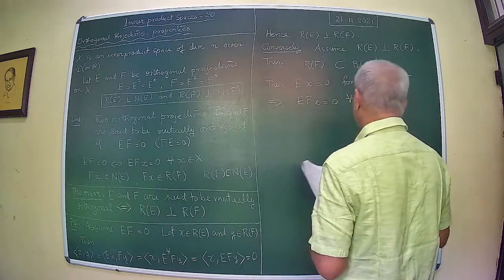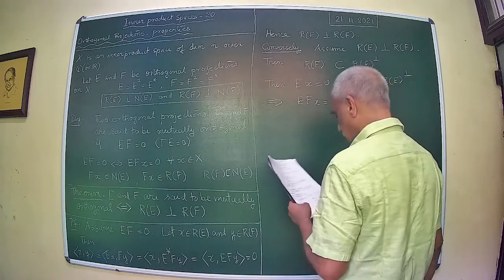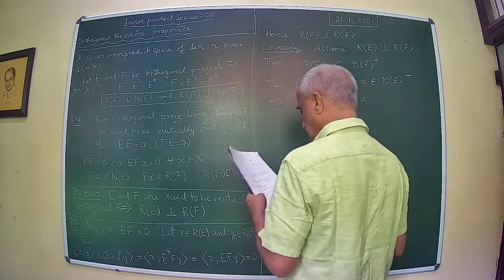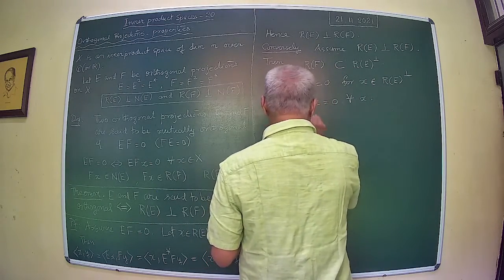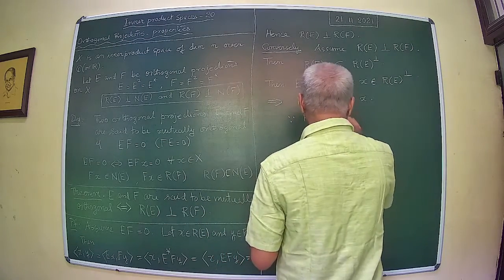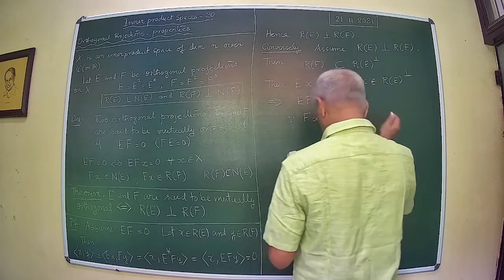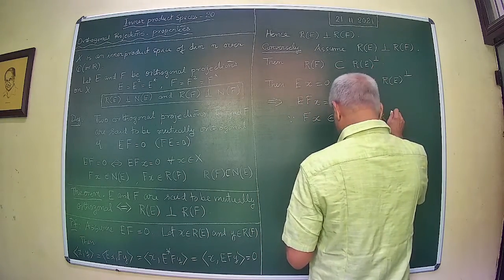Now this implies EFx equal to 0 for every x, since F of x belongs to range of F, which is contained in RE perp.